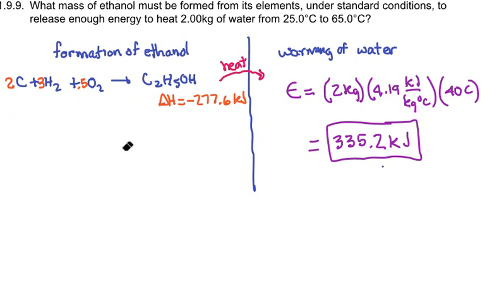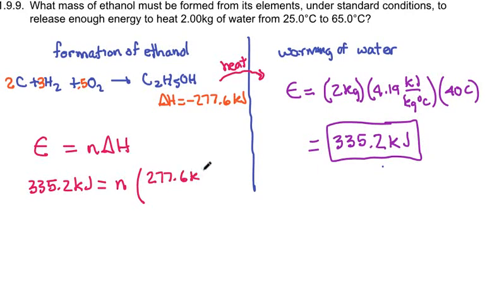So now that we have that, we can say our total energy equals N delta H. The total we need is 335.2 kilojoules equals a number of moles I don't know times 277.6 kilojoules per 1 mole C2H5OH.